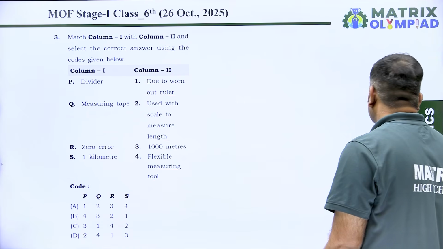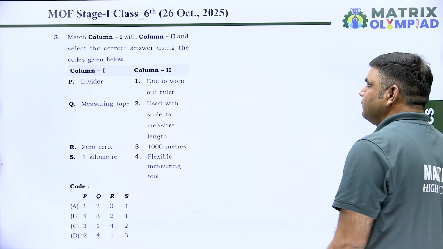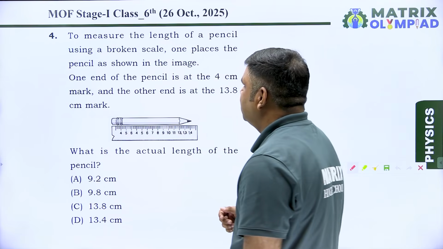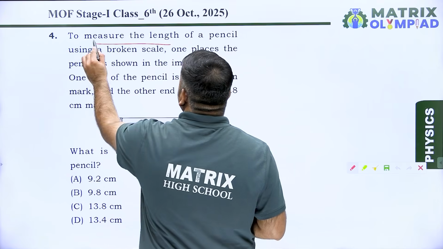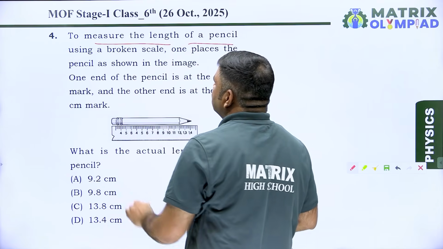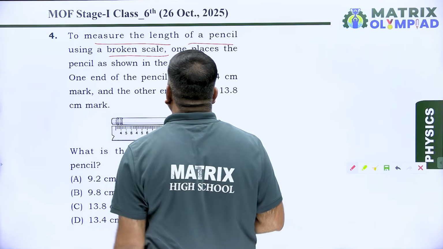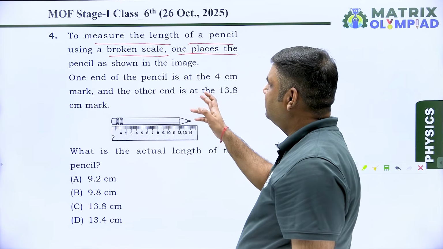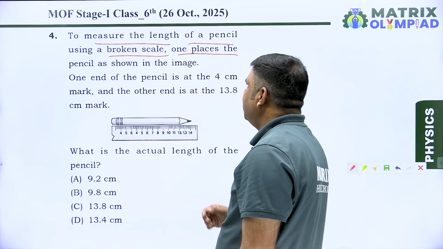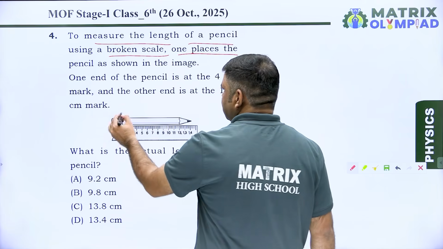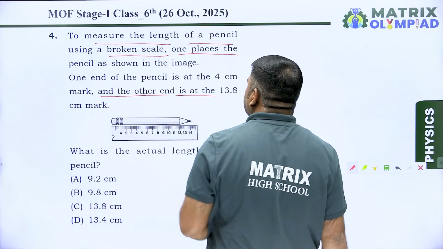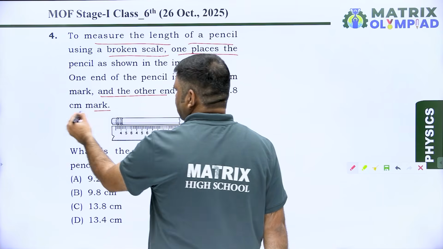Move to the next, question number 4, that is based on scale measurement. To measure the length of a pencil using a broken scale, one places the pencil as shown in the image. One end of the pencil is at the 4 centimeter mark and the other end is at the 13.8 centimeter mark.